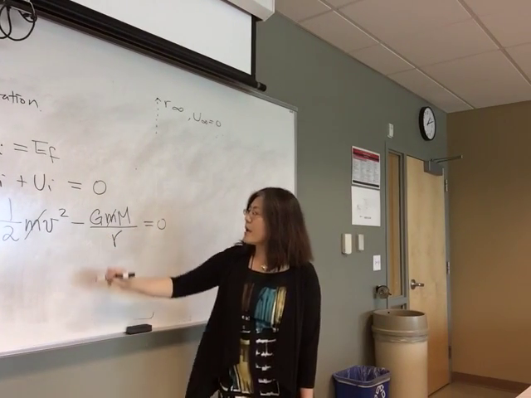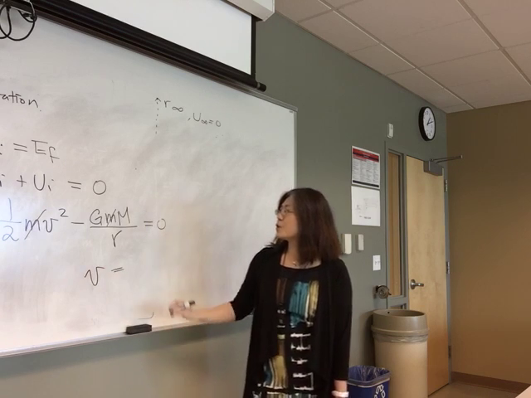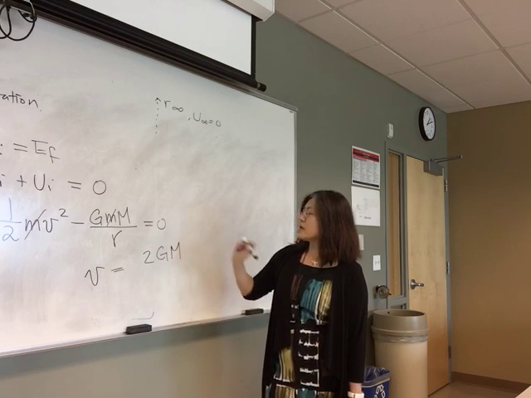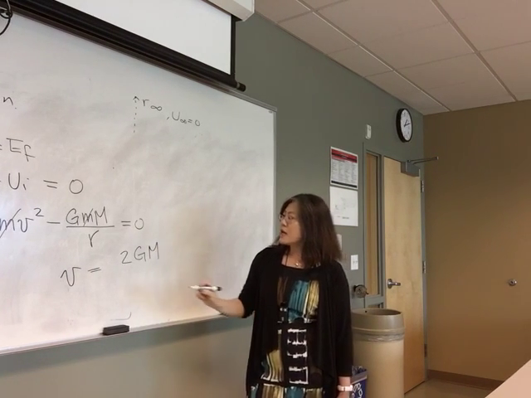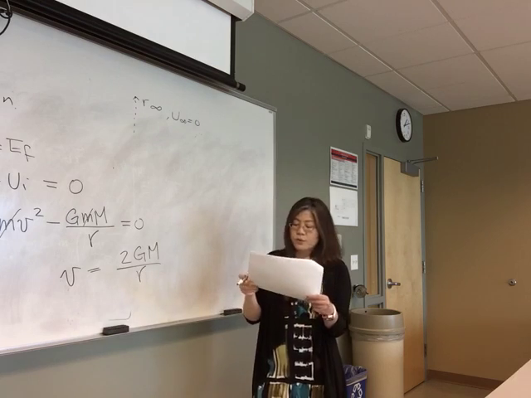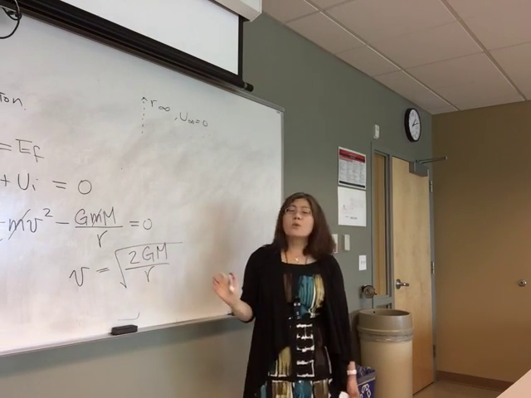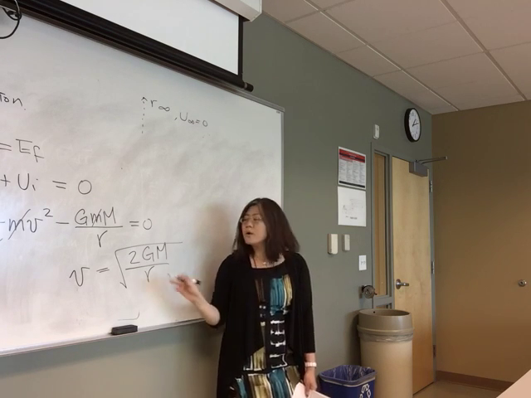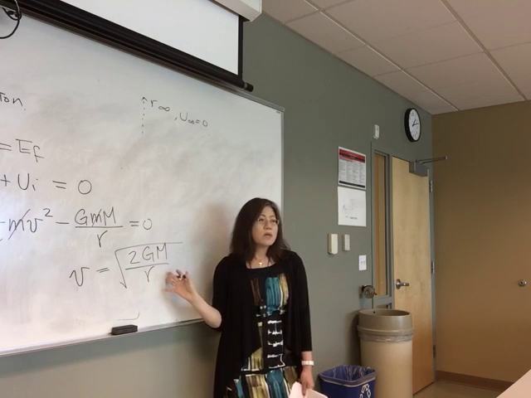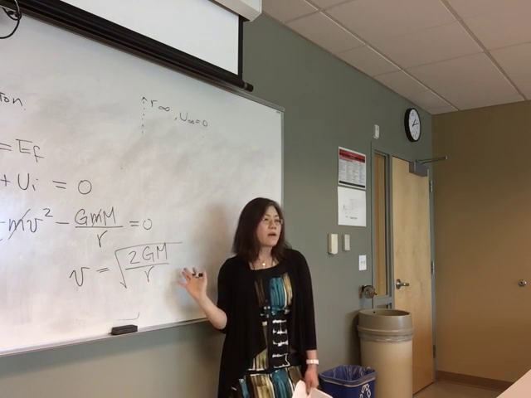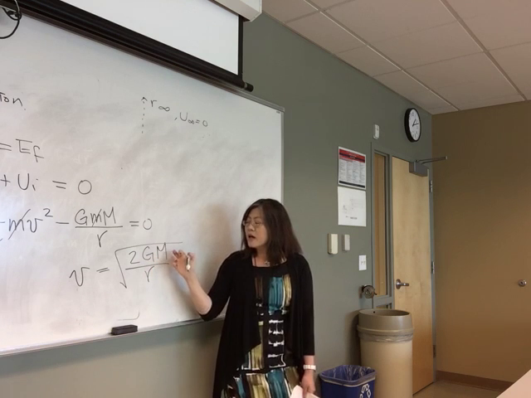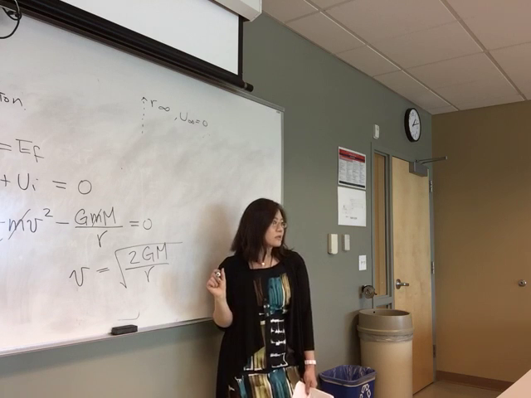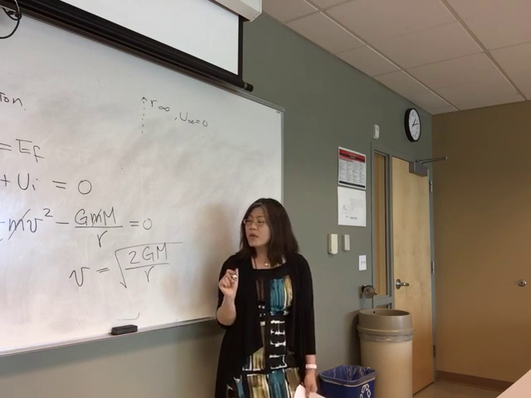So rearranging this, you get that v is equal to the square root of 2 times the gravitational constant times the mass of the planet, over R. If you want a device to escape the gravitational pull, this is the minimum velocity it should have, and that is proportional to the square root of the ratio of the mass to the radius of the planet.